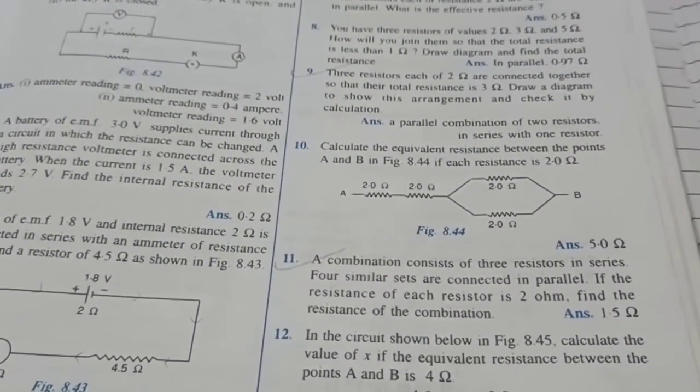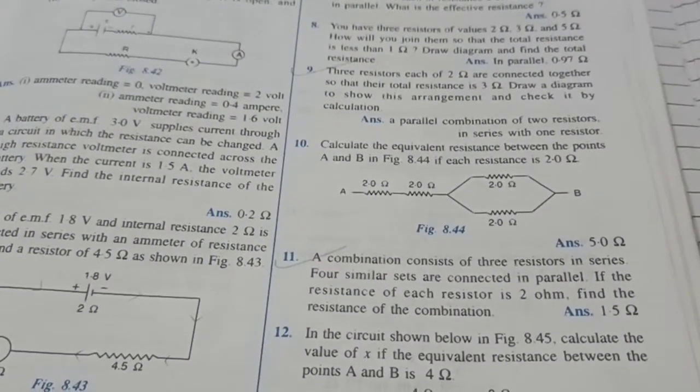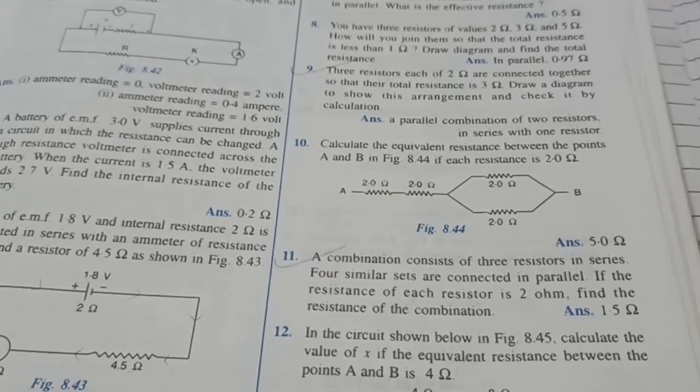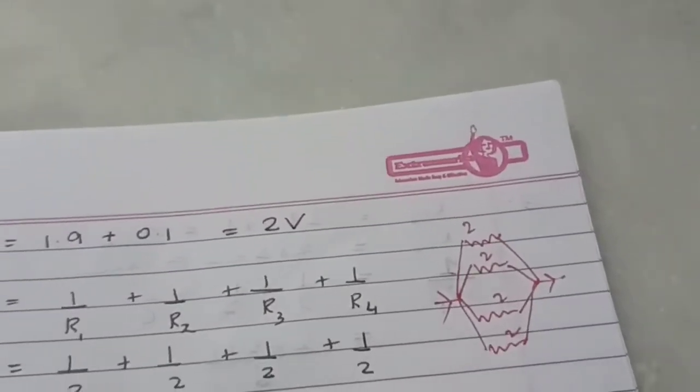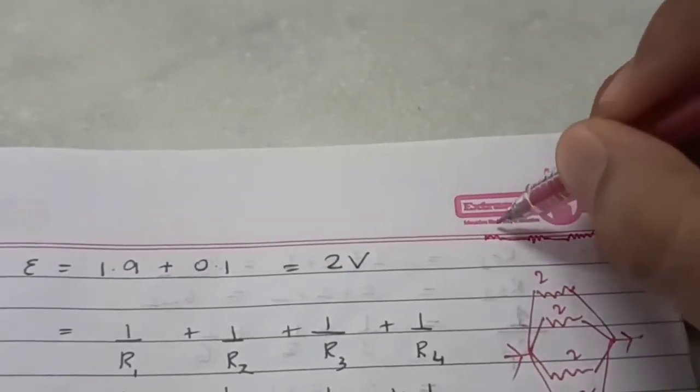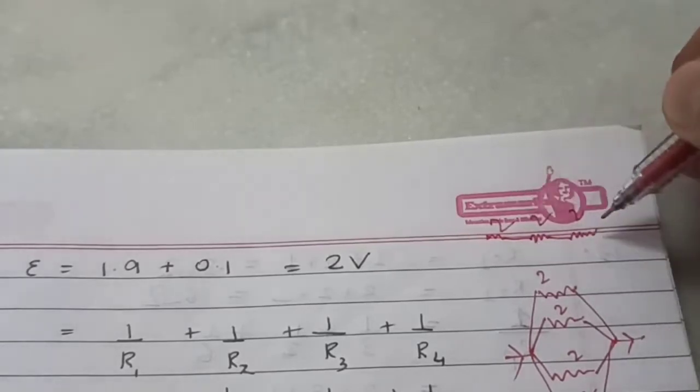Next, 11th sum. A combination consists of 3 resistors in series, and there are 4 such sets. 3 resistors and each is of 2 ohms. So imagine the same diagram. First of all, in one set, if I have 3 resistors, each is of 2, 2 and 2, that's 6 ohms.